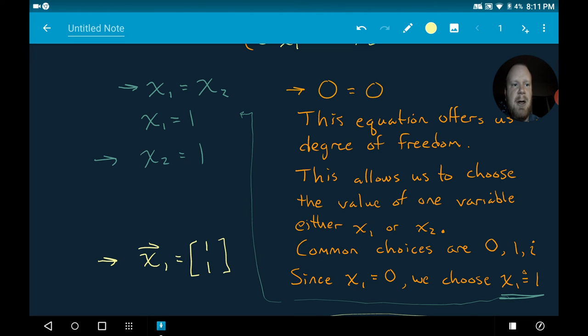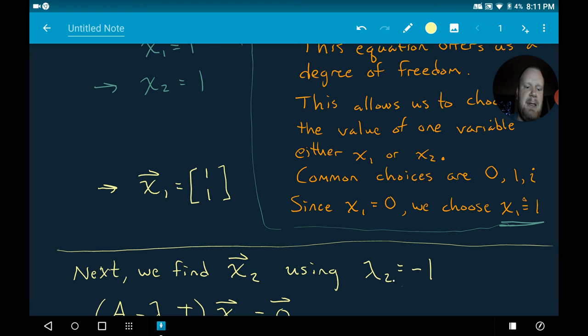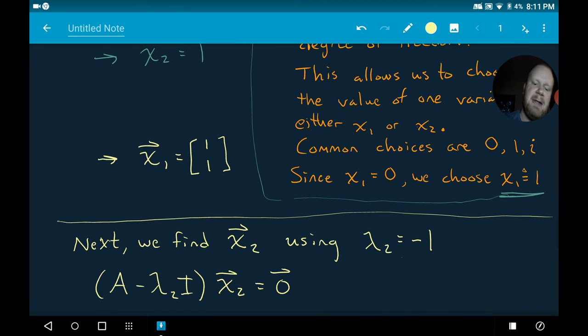So the next one that I'm going to do just a little bit quicker, but it's going to be the exact same idea. We're going to use this second eigenvalue, -1, to find our second eigenvector, and let's see what that looks like. So we set up this equation.